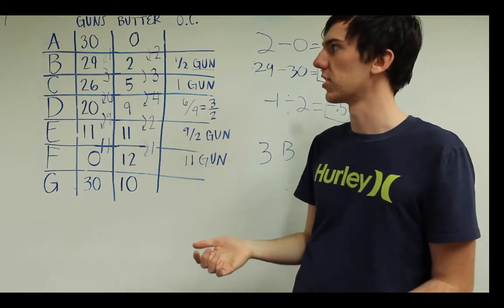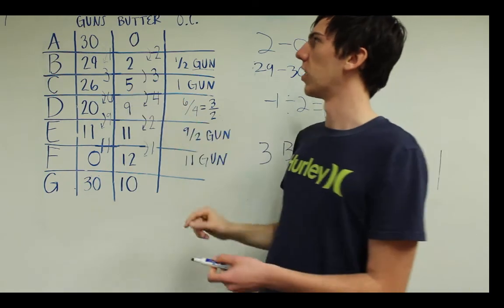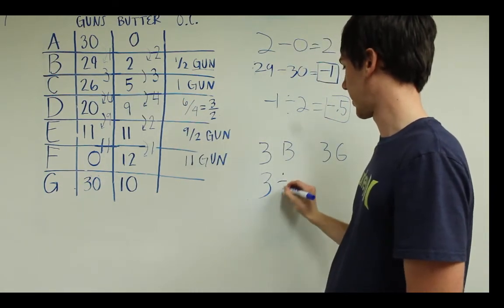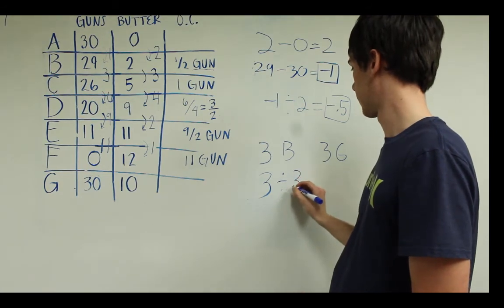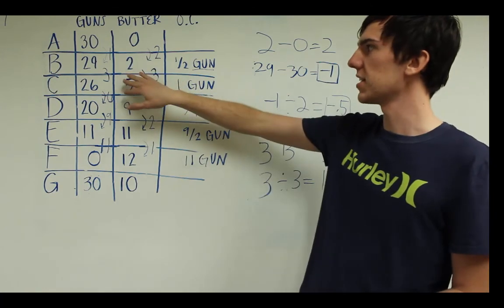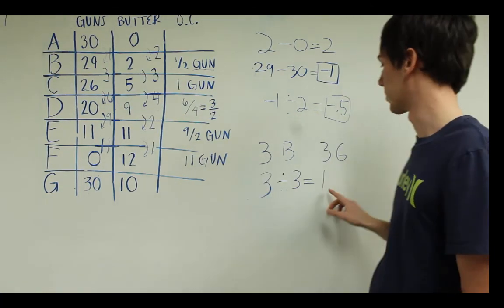But what is the opportunity cost of a single butter here? We take our losses, 3 guns, divided by our gains, 3 butter, equals 1. So from B to C, the opportunity cost of a single unit of butter was 1 gun.